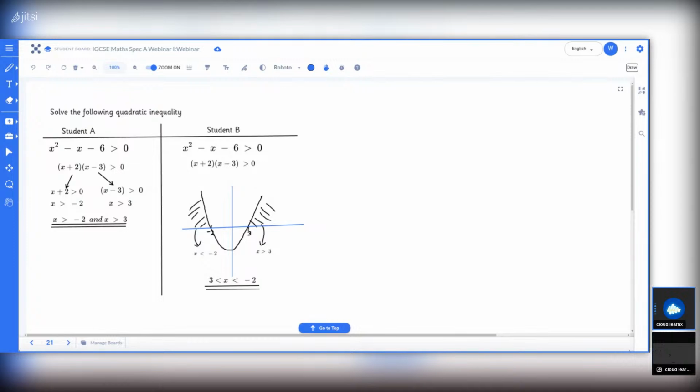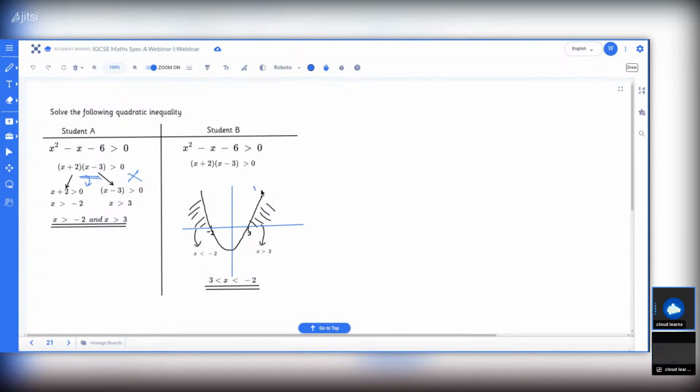If we look at the first one, the clear error is you can't do quadratic inequalities like this. You could use the graphical method or the number line method, the most popular one being the graphical method. So it doesn't work like that. You can't break it down like that, right? So this is not the way to go about it when you're dealing with quadratic inequalities.